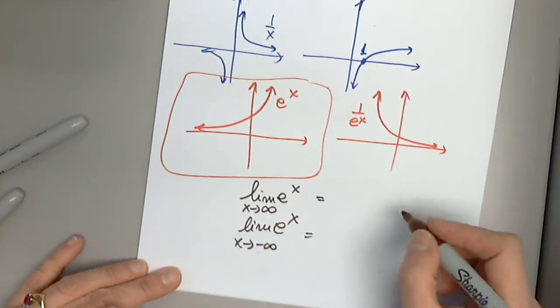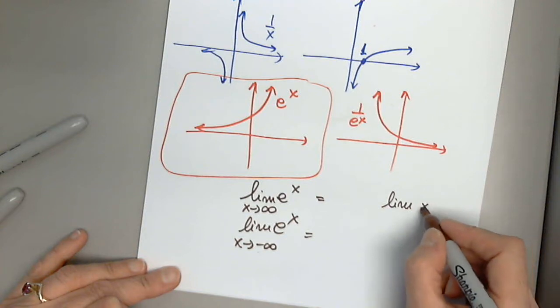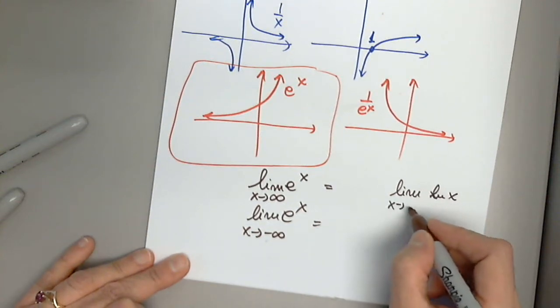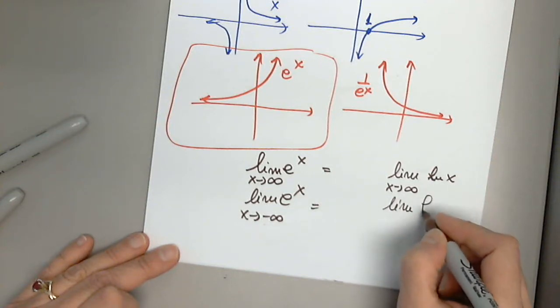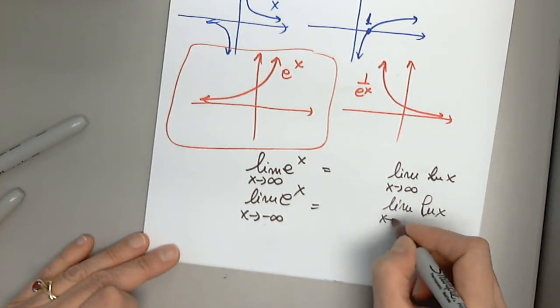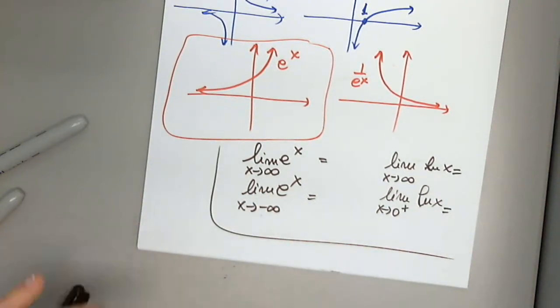And I'm going to ask the same 2 questions about natural log x as x approaches infinity, and limit of natural log x as x approaches 0 from the right. That's why we go back and forth with these functions. That's one of the reasons for limits. So can anyone give us the limit of e to the x as x approaches infinity?